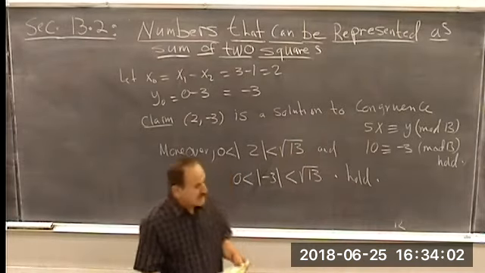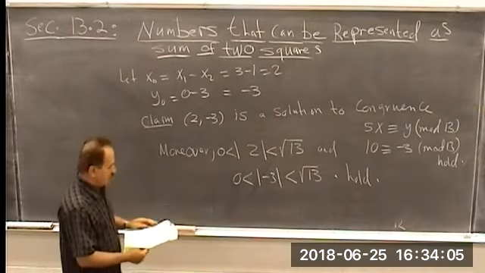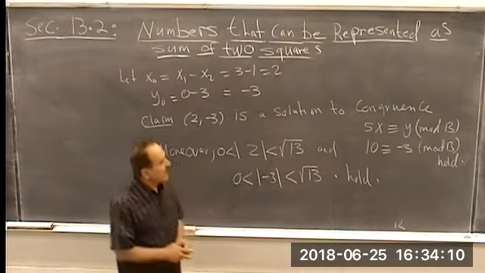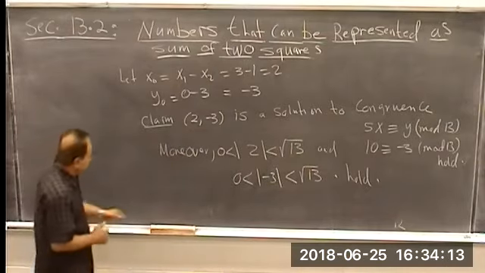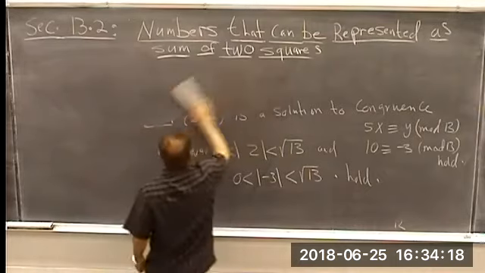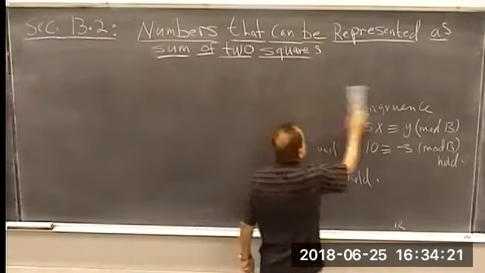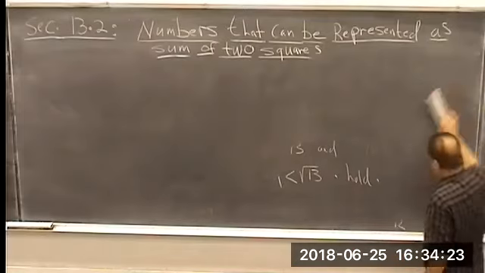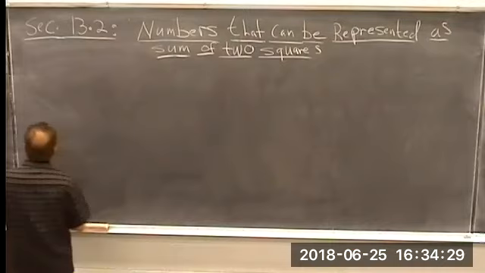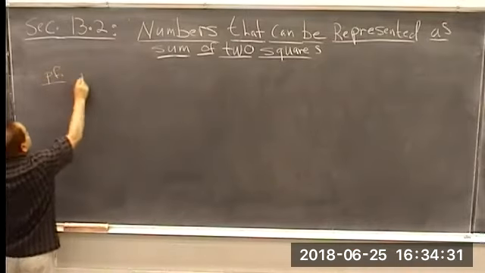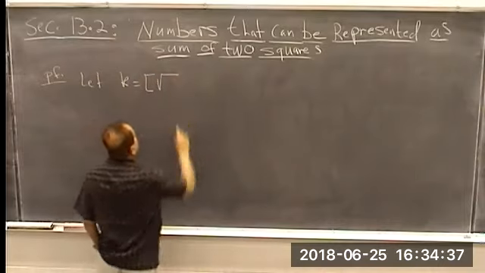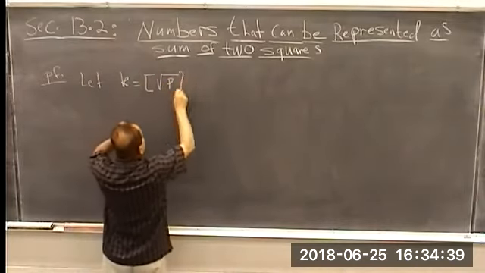Now we can proceed to present the general argument. And I hope this will, as I said, serve as a guide when we go through the steps of the proof. So remember what we're going to do first. We're going to define this k, and k equals the greatest integer of the square root of p, plus 1.